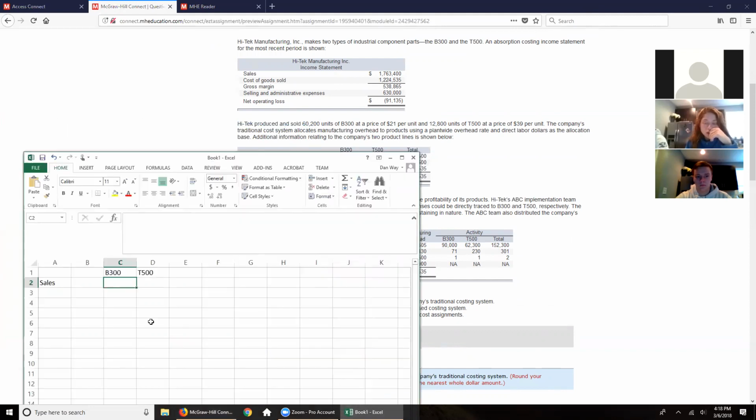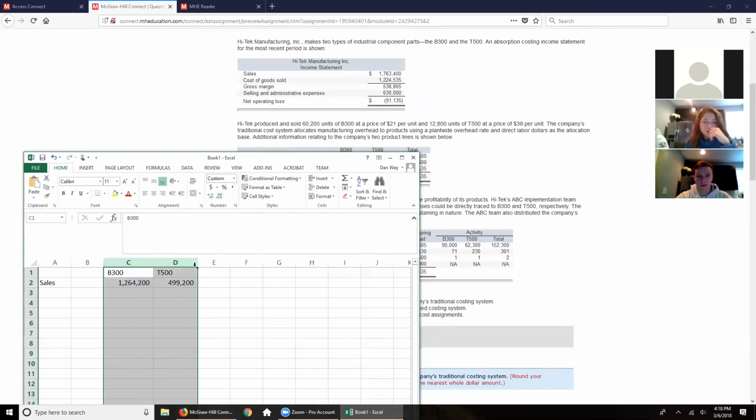We sold 60,200 units of the B300 at $21, and we sold 12,800 units of the T500 at $39. As I'm saying this, I'm realizing your numbers might have been slightly different because of the number randomization, but you see what's happening there.